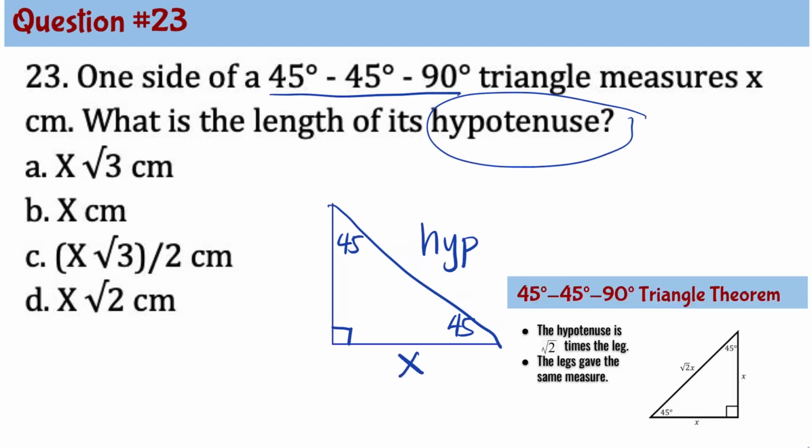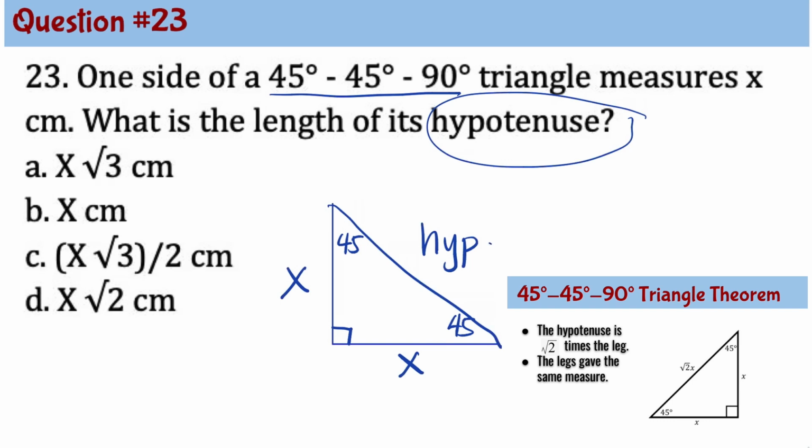Now, in a 45-45-90 triangle theorem, we know that the legs are the same, so that means this will also be x. And to calculate for the hypotenuse, you're simply multiplying the leg by square root of 2. Again, in a 45-45-90 triangle, the hypotenuse is square root of 2 times the leg.